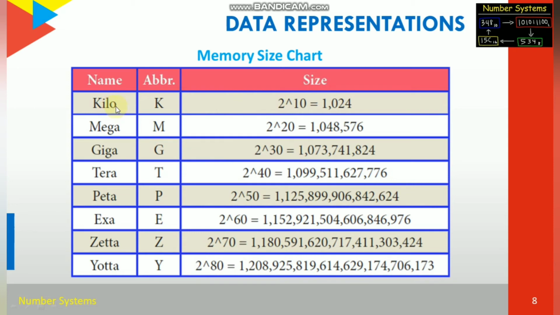It starts from 2 power 10, 20, 30, 40, 50, 60, 70, and 80. So kilobyte, megabyte, gigabyte, terabyte, petabyte, exabyte, zettabyte, and yottabyte. We already discussed in the previous slide that 1 kilobyte represents 1024 bytes, denoted as 2 power 10.